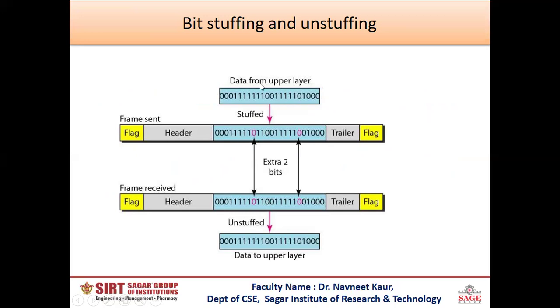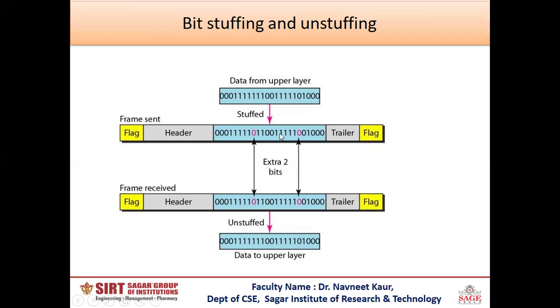Suppose this is the data which is obtained from the upper layer. Here we have 3 zeros, then 7 ones, then 2 zeros. Now this 0 and 6 ones should not be interpreted as the flag bit pattern. Here after 5 ones, 1 extra 0 is stuffed. Again here we have 5 consecutive ones, so 1 extra 0 is again stuffed after 5 ones.